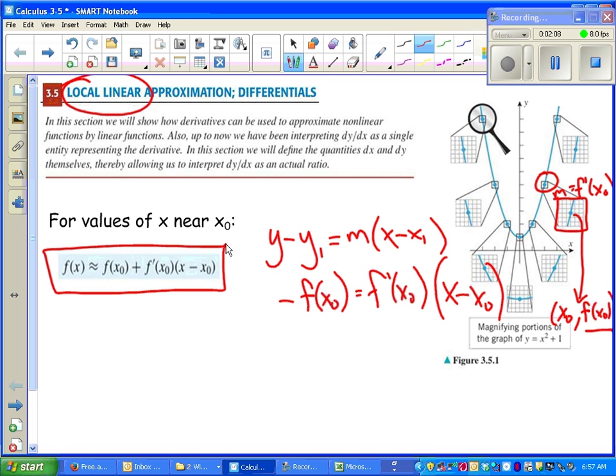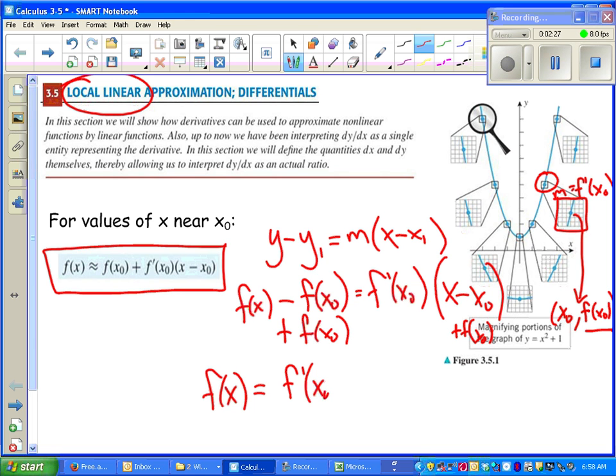We have another name for y, we could call f of x. And just for fun, why don't I add this f of x0 to both sides? Because we're allowed to add something to both sides of an equation. We've been doing that forever. And then we end up with f of x equals f prime of x0 times x minus x0 plus f of x0.